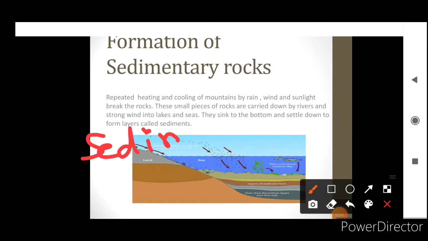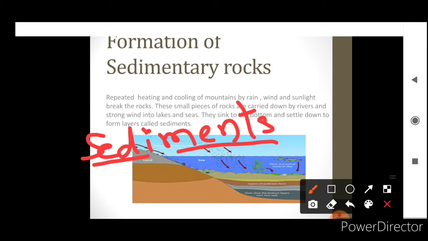How the sediments are formed, you understood now. So the rocks, after breaking down, move downwards through lakes or seas and form the sediments, right? As time passes, more sediments build up, and the lower layers of sediments undergo pressure.